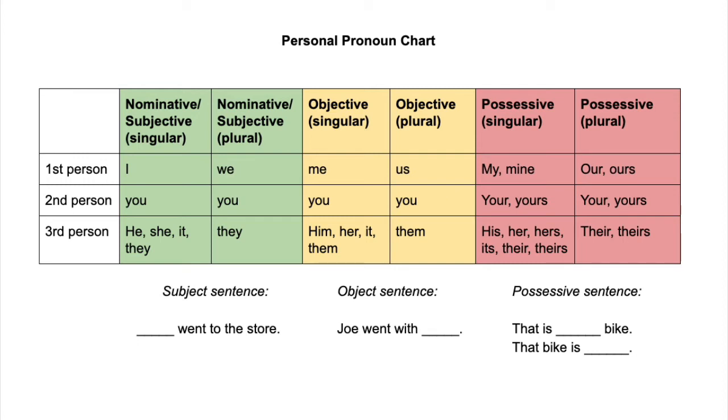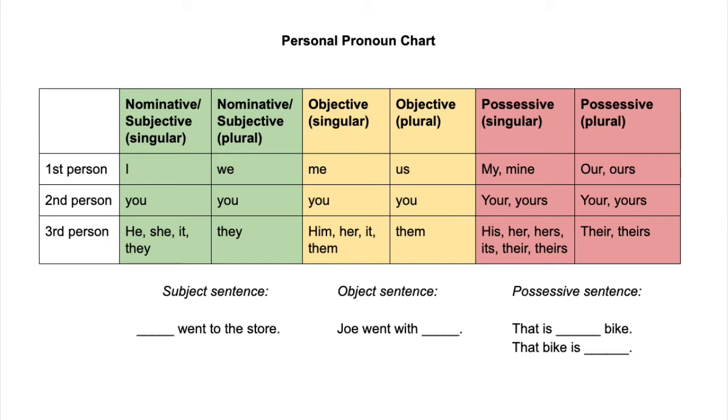In second person, your, yours, and your, yours. And in third person, his, her, hers, its, their, and theirs. Those words are already possessive. So there would be no need for you ever to write, for example, Y-O-U-R apostrophe S. It just wouldn't work because yours is already a possessive word.